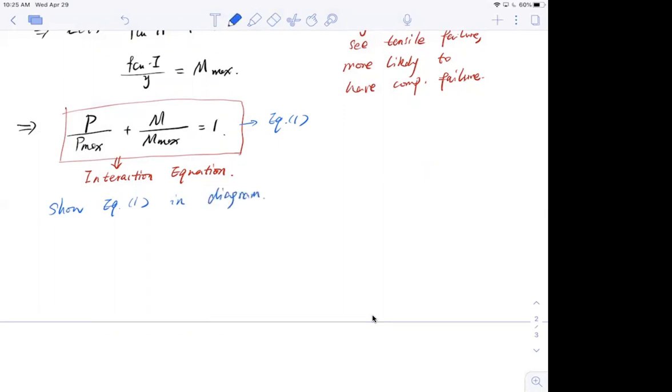What does it look like? So let me use the right space here. I'm going to draw an axis. I say this is M divided by M max, and the vertical axis is P divided by P max.